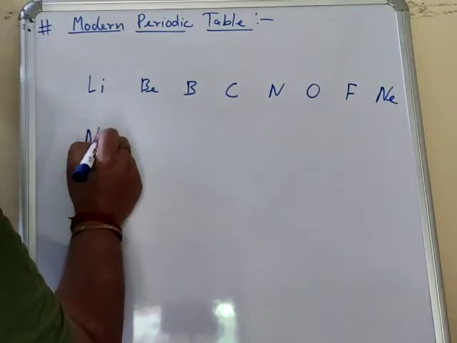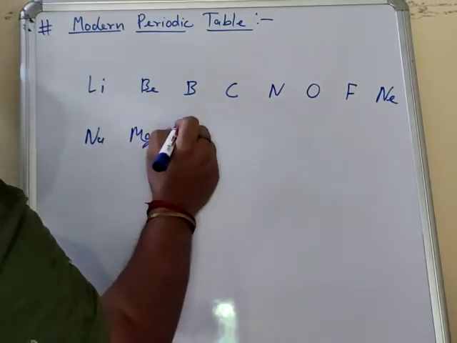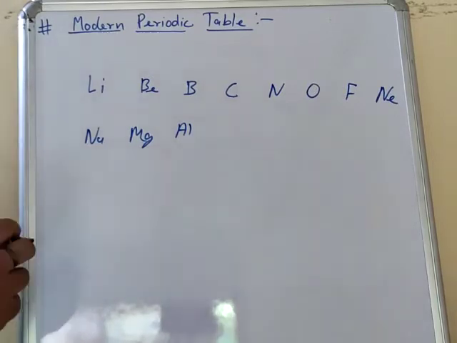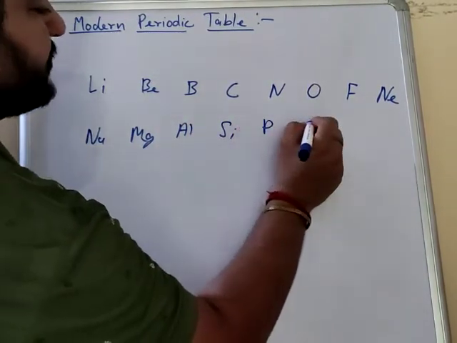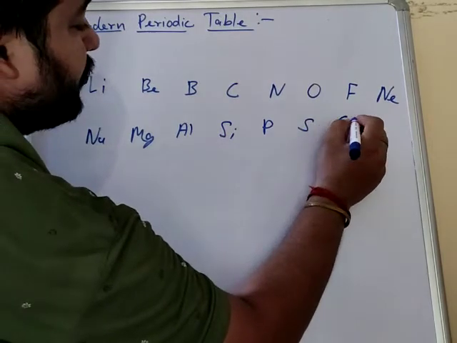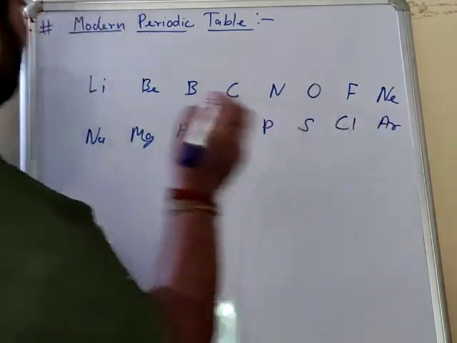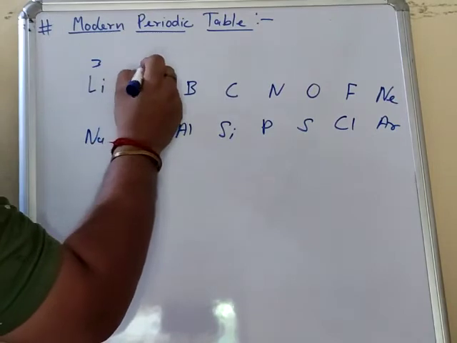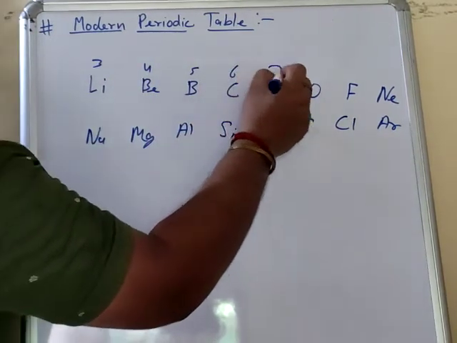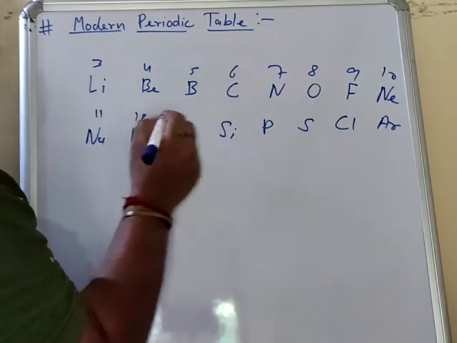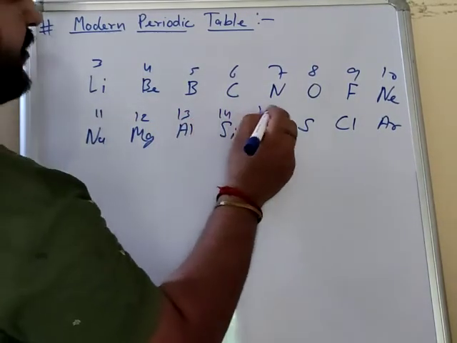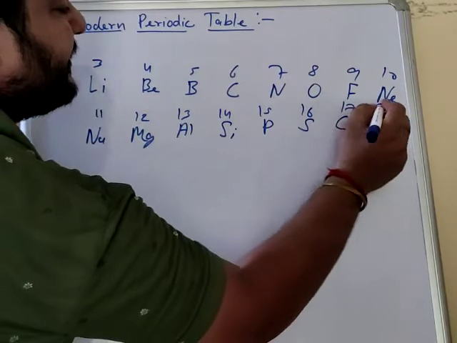After that sodium, magnesium, aluminium, silicon, phosphorus, sulfur, chlorine and argon. So the atomic number of lithium is 3, 4, 5, 6, 7, 8, 9 and 10. Then 11, 12, 13, 14, 15, 16, 17 and 18.